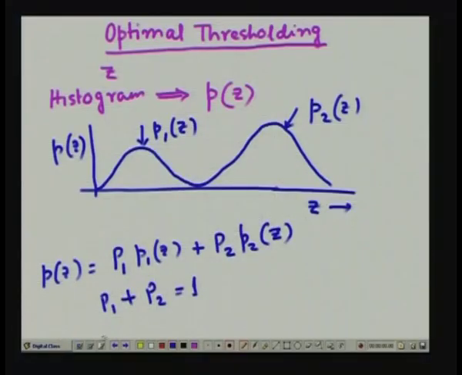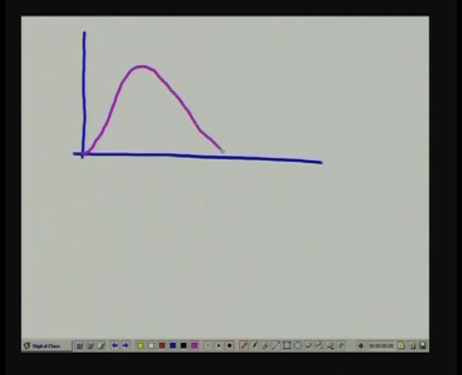Since this overall probability is modeled as a combination of two different probabilities, I can say that I have one probability distribution function which is given by this, and the other is given by this, so that my overall probability distribution function is of this form.